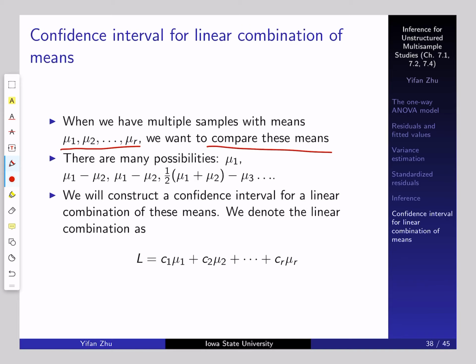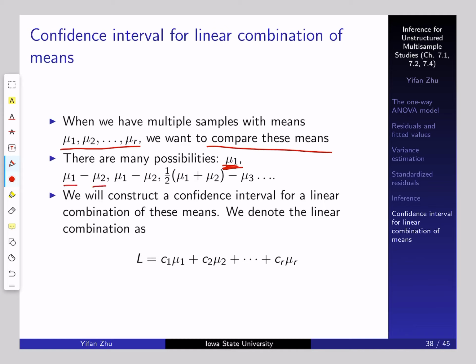There are many ways to compare these means. Maybe we are just interested in the mean of group 1, then I want a confidence interval for mu1. If I want to compare group 1 and group 2, then I want a confidence interval for mu1 minus mu2.